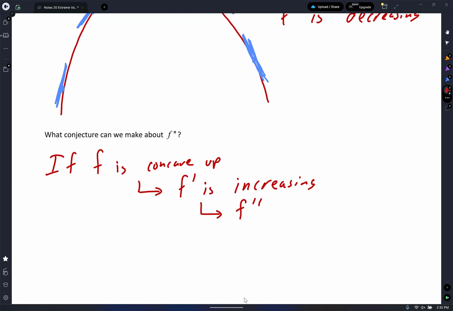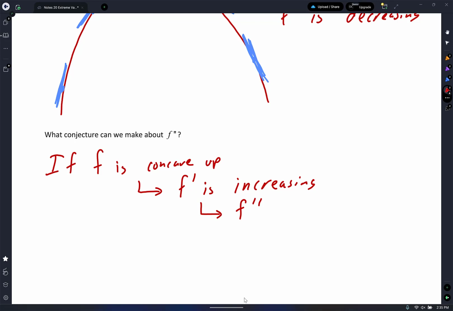That's true. If f prime is positive, you're going up. That's right. Now I'm telling you, look what it says. It says f prime is increasing. How does that relate to f prime prime? It's positive. It's the same relationship, guys. F prime is positive, f is increasing. Oh, now it's f prime that's increasing, so f prime prime must be positive.